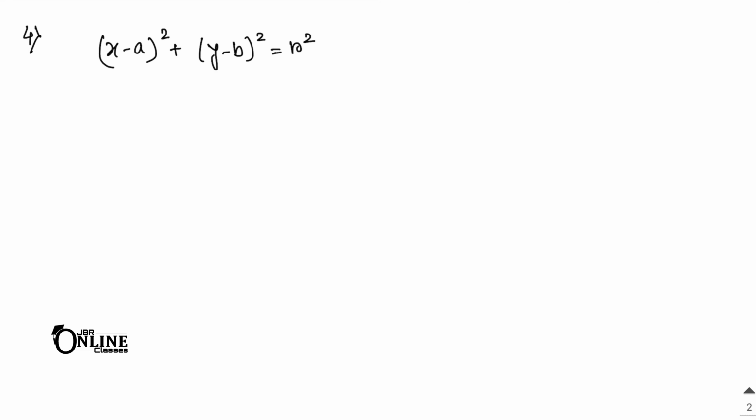Now sum number 4. What does the equation x minus a whole square plus y minus b whole square equals r square become when the axes are transformed to the parallel axes through the point a minus c comma b? So that means x equals X plus a minus c, and y equals Y plus b.